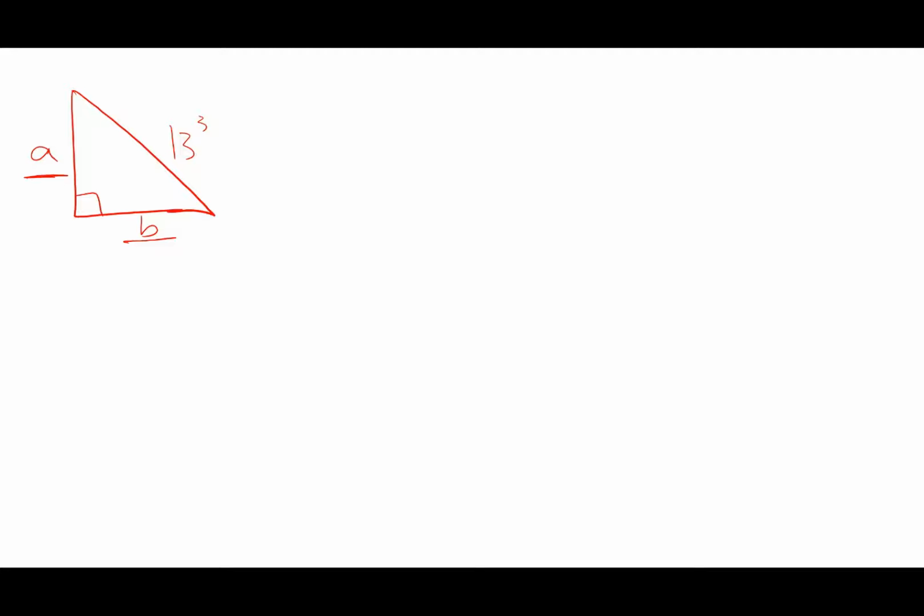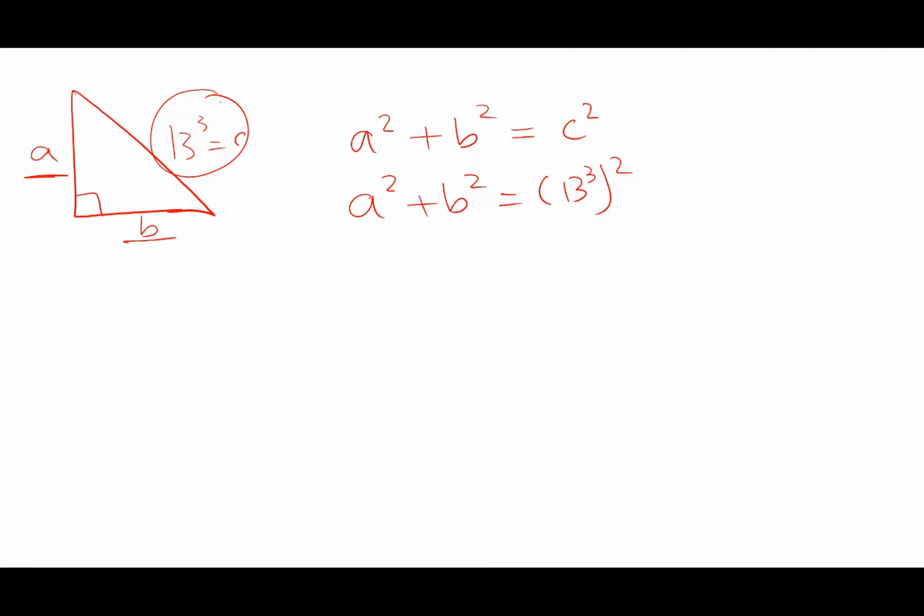So we know a squared plus b squared has to equal c squared, but in this case, this is our c. So we know we have to find something where a squared plus b squared equals 13 cubed squared. So we're trying to figure out what can we put here and what can we put here.